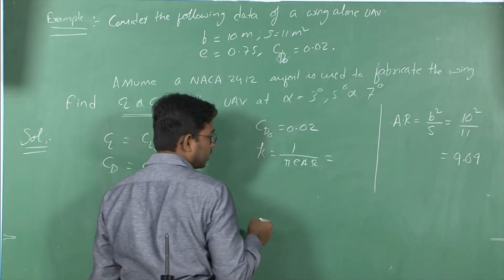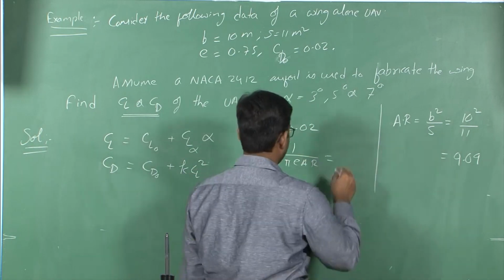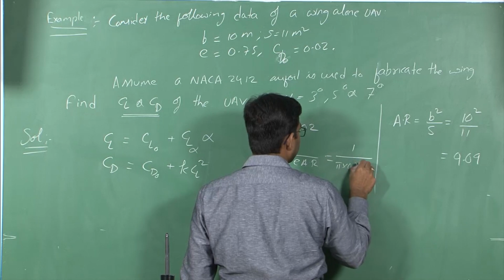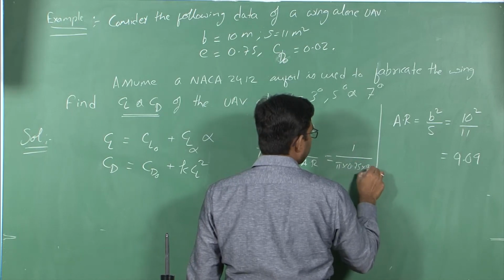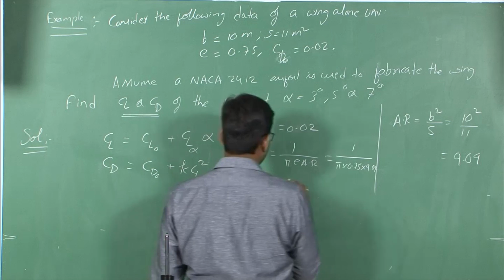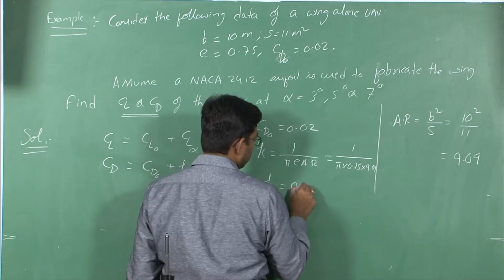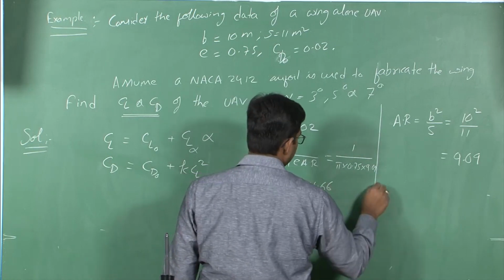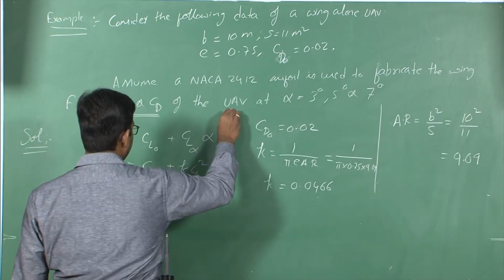So 1 by pi E AR is 1 by pi into 0.75 into 9.09, that is 0.0466. This is the value of K.